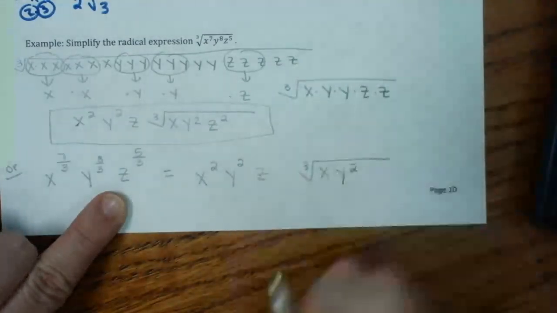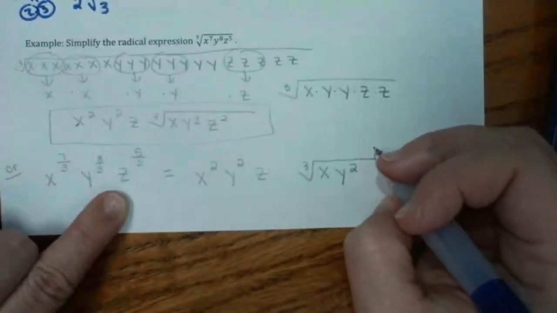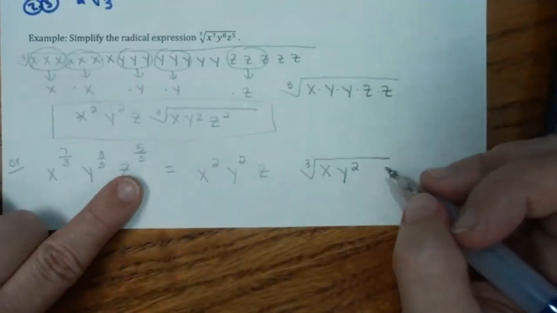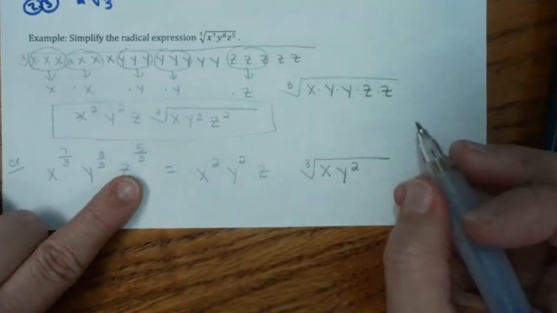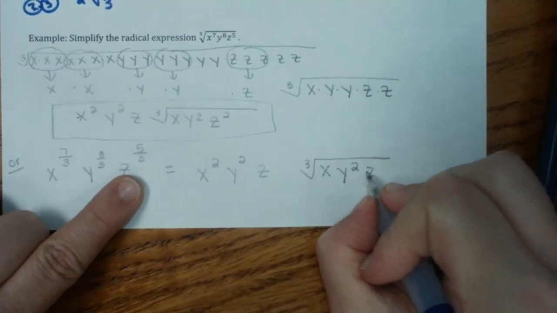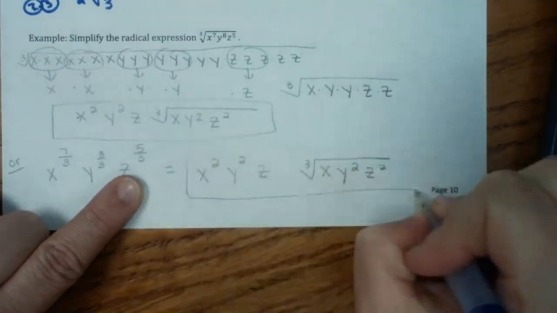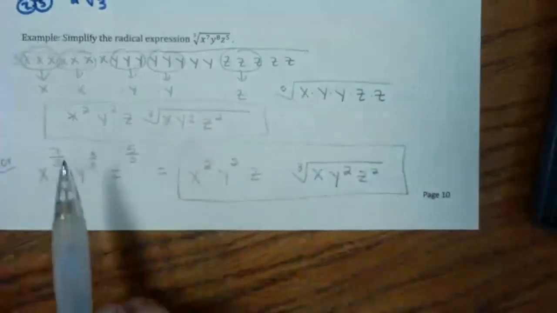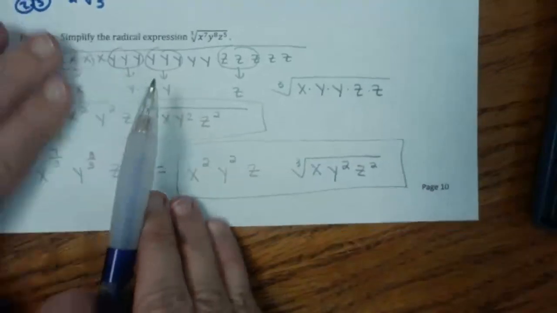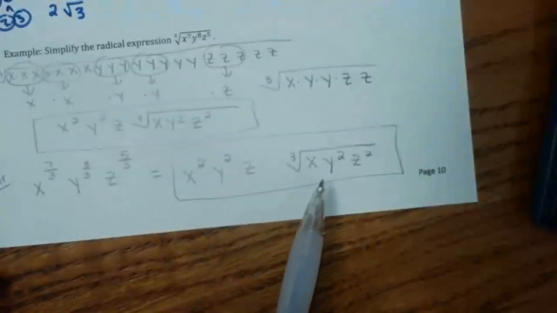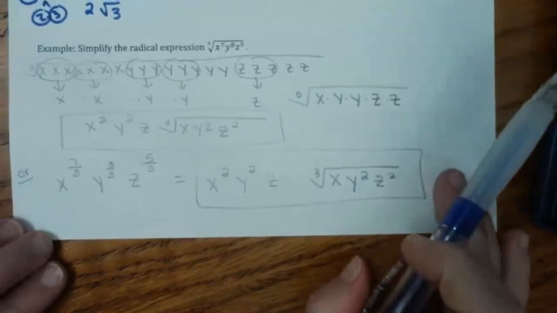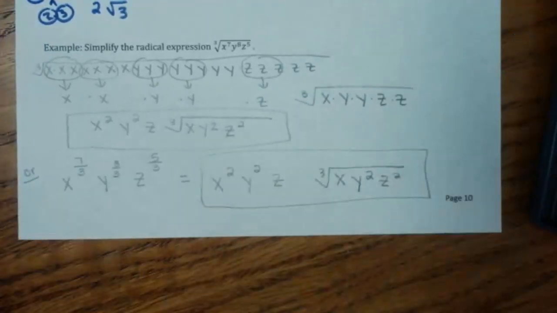So 1 group's coming out, so 1 z. And 1 group of 3 is just 3. So out of my 5, 3 are accounted for. That means 2 are left over underneath the radical. So you get the same thing: x squared y squared z times the cubed root of x y squared z squared. However you want to think about it, totally up to you.